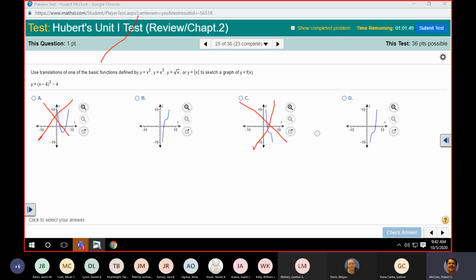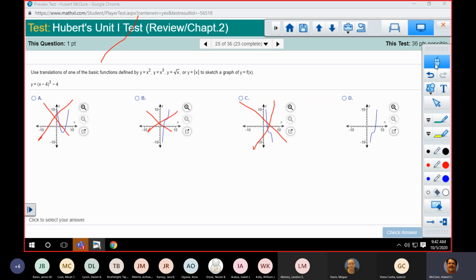So it's either B or D, Bravo or Delta. Well, we've got a horizontal shift of 4 to the right and 4 down. So it's Delta. Hopefully you're seeing how I'm answering these questions, especially when they're multiple choice, so some of y'all won't screw it up.